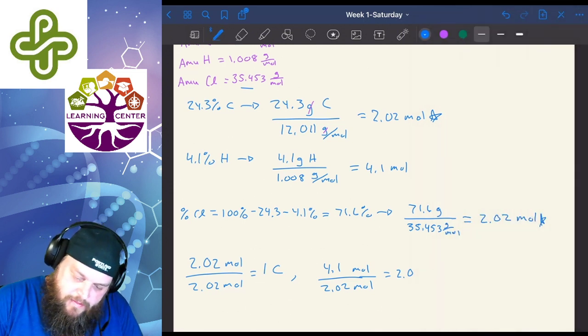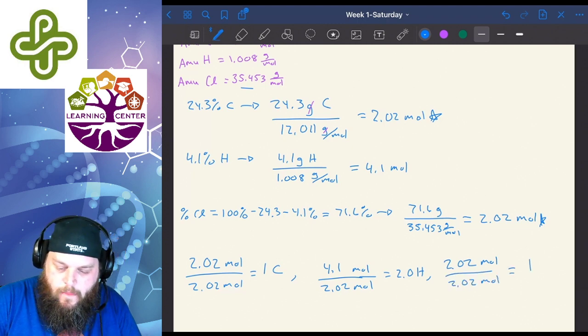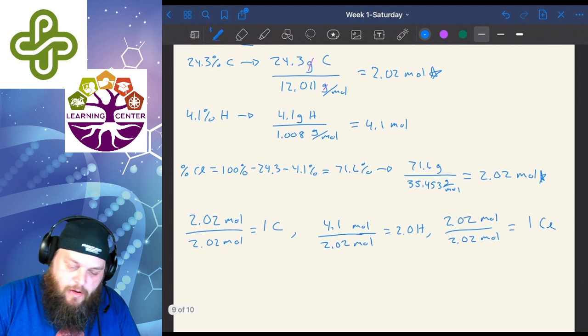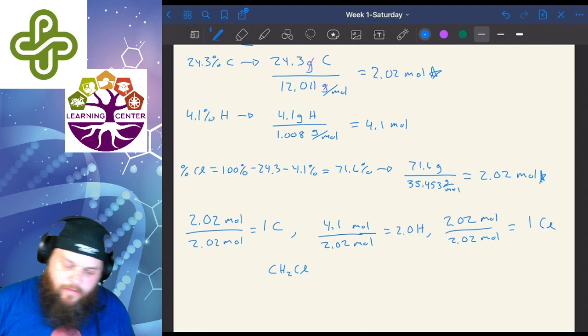And the last one is chlorine. That was for hydrogen. Chlorine is 2.02 mole divided by 2.02 mole. 1 chlorine. So our empirical formula, CH2Cl, is there.